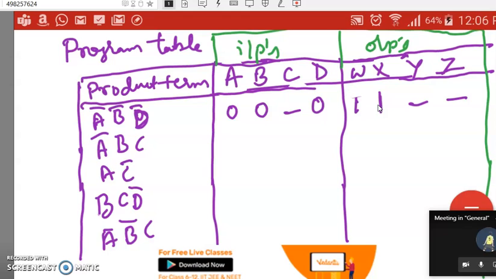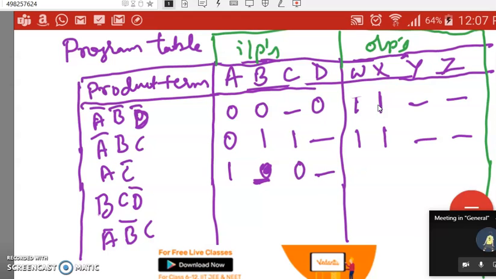Then A bar, B, C. A bar is there, sorry, 0, B 1, C 1. D is not there, put a dash. It is there in W and X, put 1 1 for this. It's not there for Y and Z, put a dash. Then A C bar: A is 1, C bar is 0, and B is a dash.